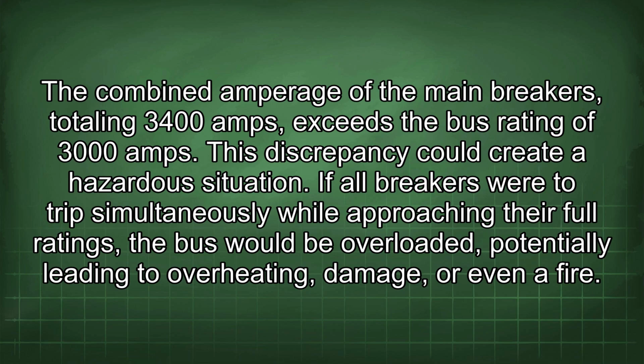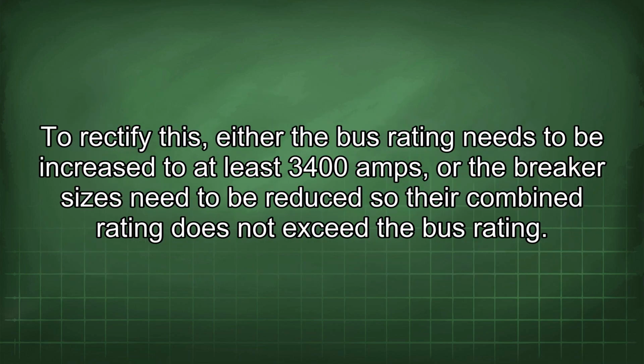If all breakers were to trip simultaneously while approaching their full ratings, the bus would be overloaded, potentially leading to overheating, damage, or even a fire. To rectify this, either the bus rating needs to be increased to at least 3400 amps, or the breaker sizes need to be reduced so their combined rating does not exceed the bus rating.